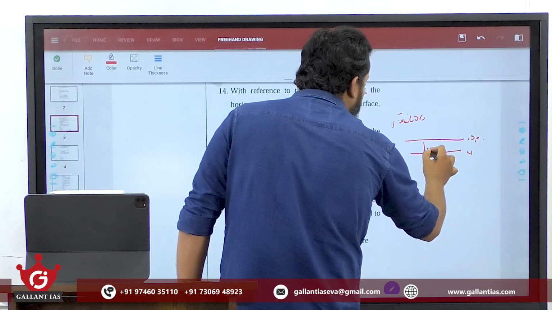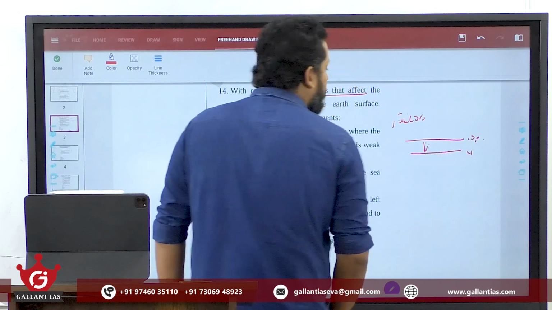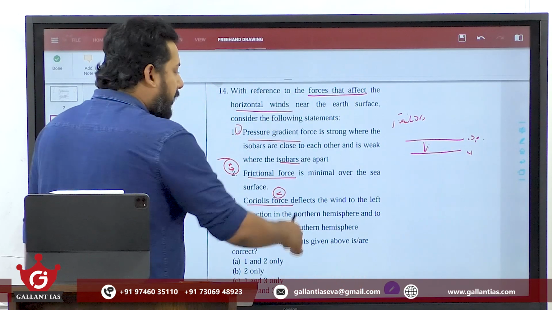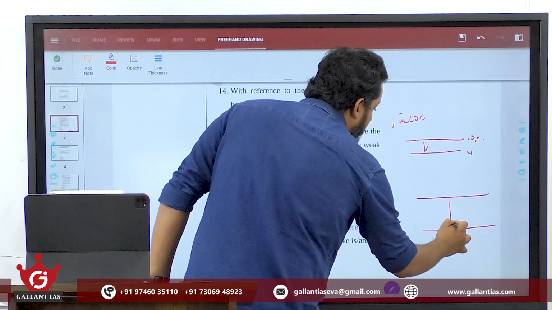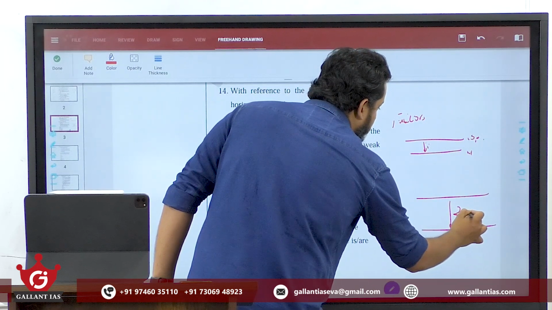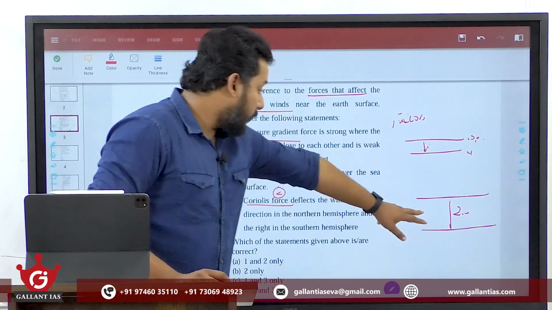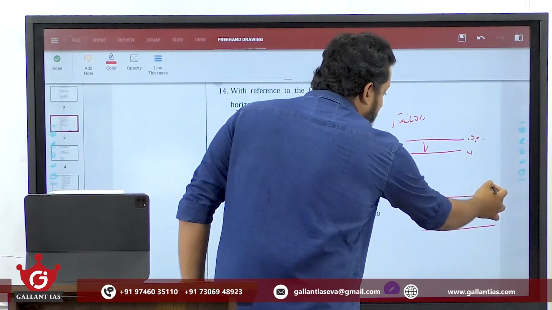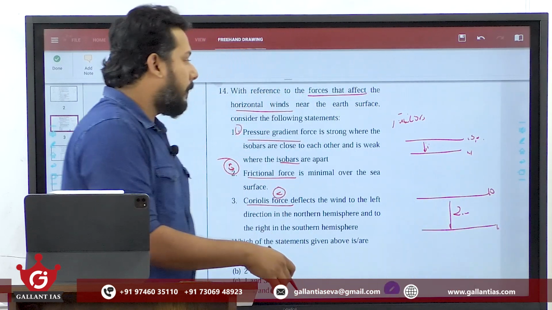Distance between them is 1 kilometer. In other case, we have two isobars, distance between them is 2 kilometer. So here this one is closer, this one is far away. In both the cases, the first isobar the pressure is 10 Pascal, second isobar the pressure is 11 Pascal.